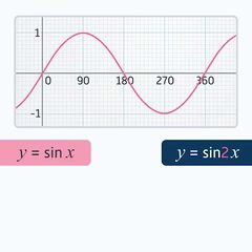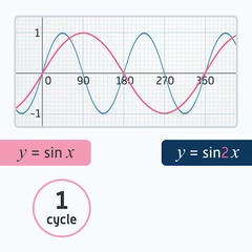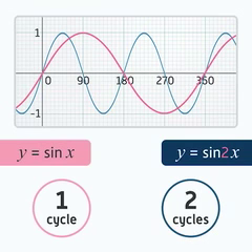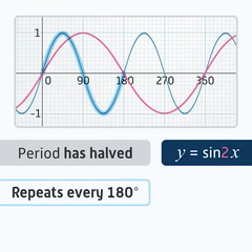If we multiply the x part of the equation by a number greater than 1, say 2, what do you notice? Well, notice how instead of just one cycle occurring in 360 degrees, there are now 2 cycles in the same interval. This means that the period of the graph has been halved, because it now repeats every 180 degrees.